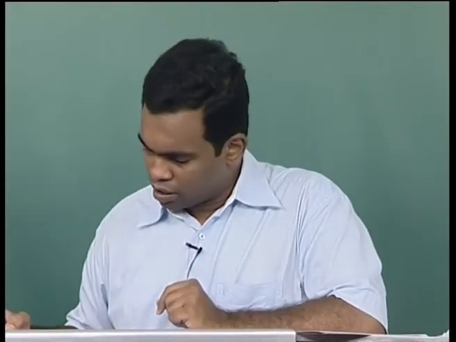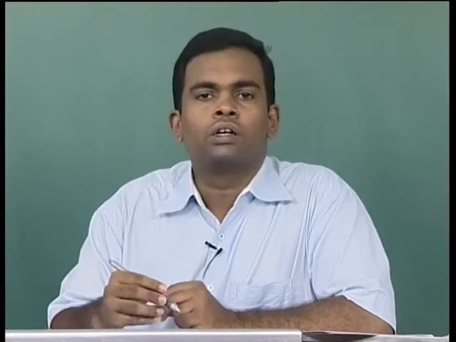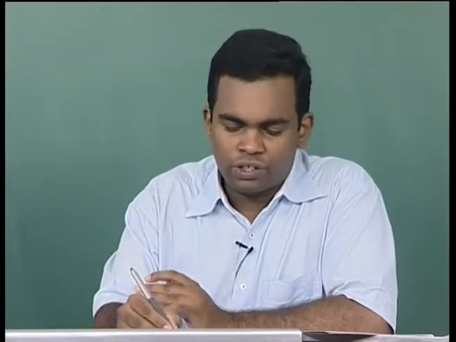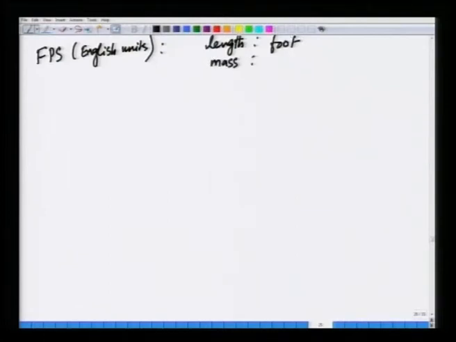So, in this course we will be using SI units, okay, but traditionally in Britain and North America the FPS system is used, which is also called the English units. So, here length is measured using a foot or feet and mass in pounds.